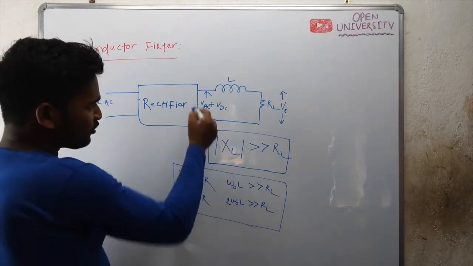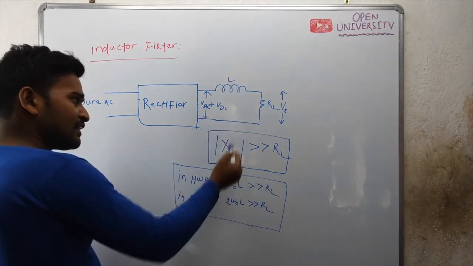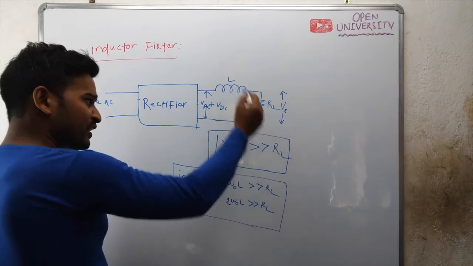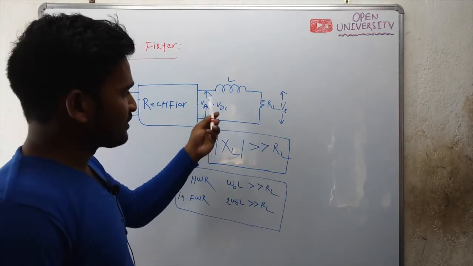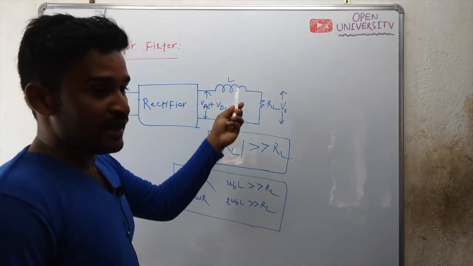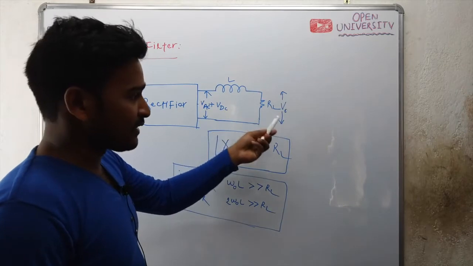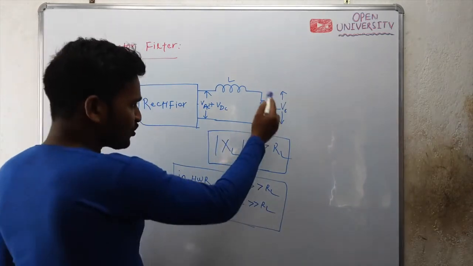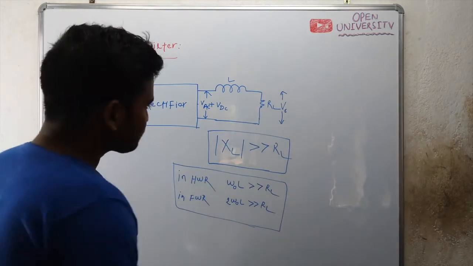Now if you consider only AC voltage, since the reactance XL of the inductor is much greater than RL, most of the AC voltage will drop across the inductor. So very little AC component will drop across RL.